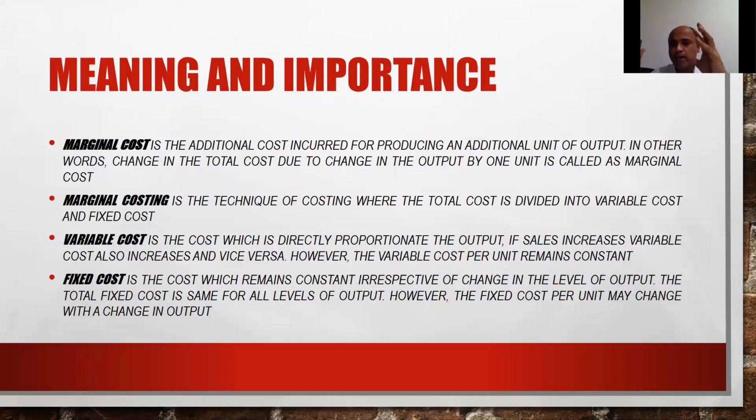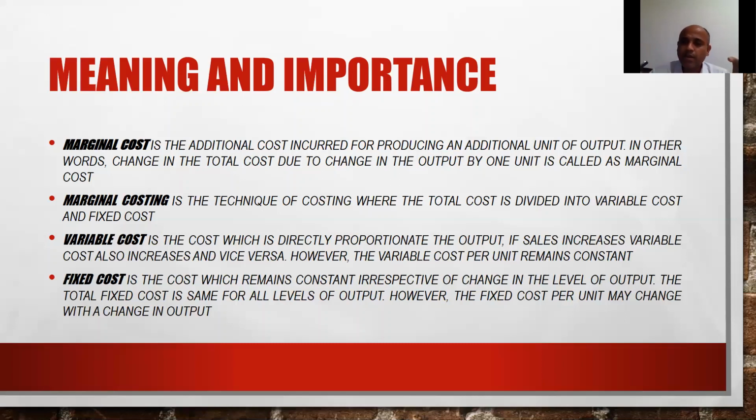Now, let us go back to my 3 months output. In my first month, the output was 0. Now, how much material cost have you incurred in the first month? The answer will be 0. Why? Because it is 10 rupees for 1 unit into 0 units. Is this clear? Go to my second month.